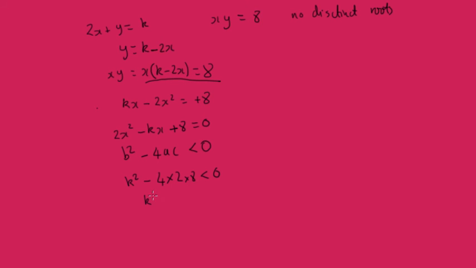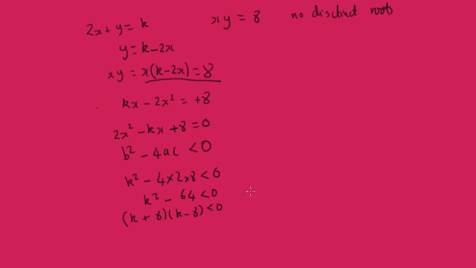So we'll have k squared less than 64. So that works out as (k plus 8)(k minus 8) less than 0.